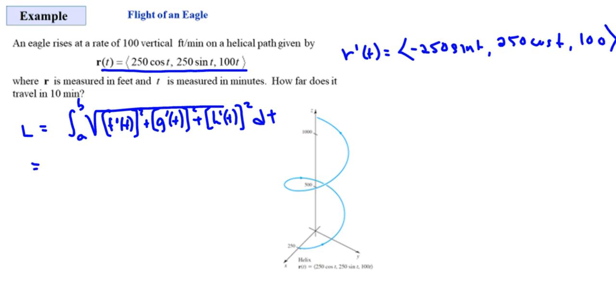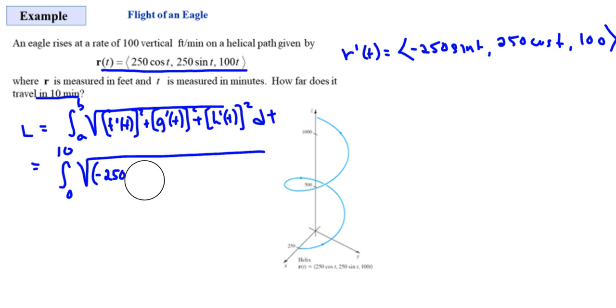Okay, so plugging those in, we're interested in how far it travels in 10 minutes, so that would be from t equals 0 to t equals 10. So we have 250 sine, all of it squared, plus 250 cosine squared, plus 100 squared.